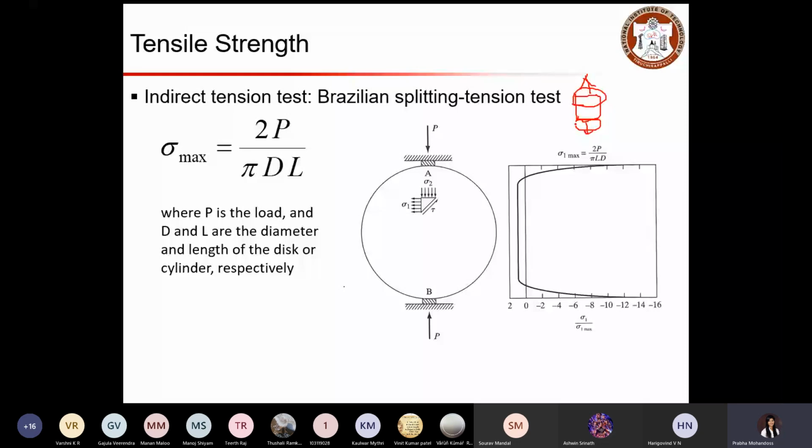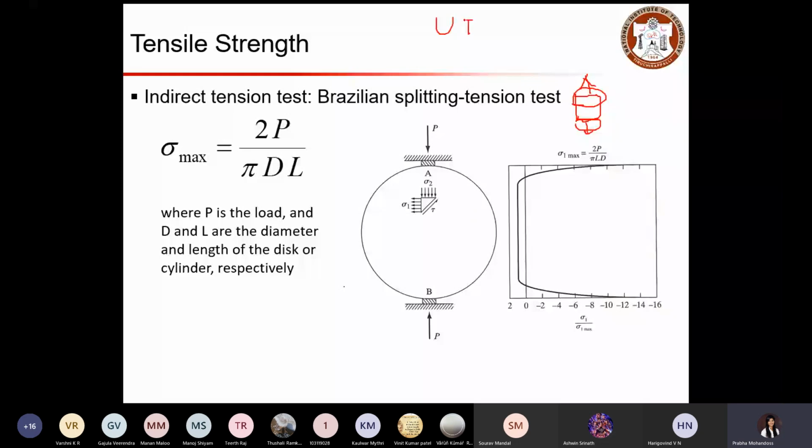We mostly use an indirect tension test by applying compression and inducing tension indirectly. So here you can see it's a cylindrical specimen. The cylindrical specimen is kept in a universal testing machine. So all the tests will be done with the help of the UTM, universal testing machine, right?